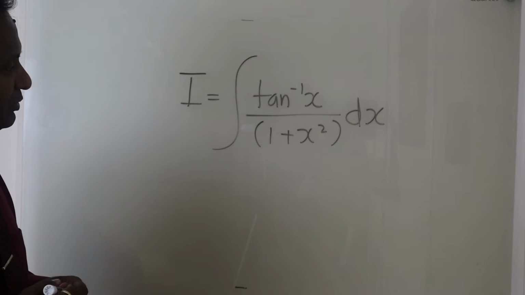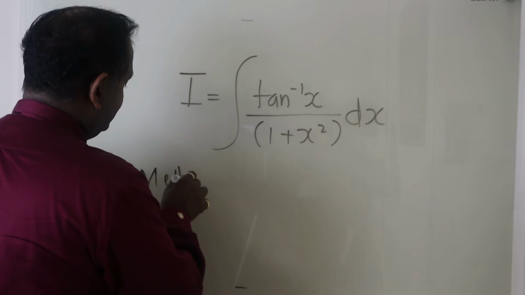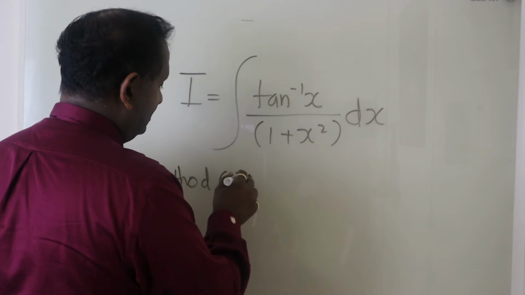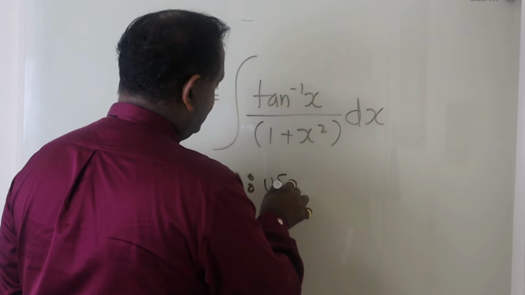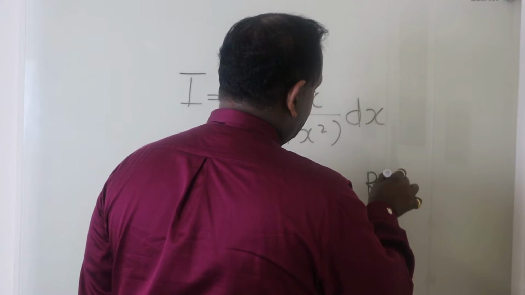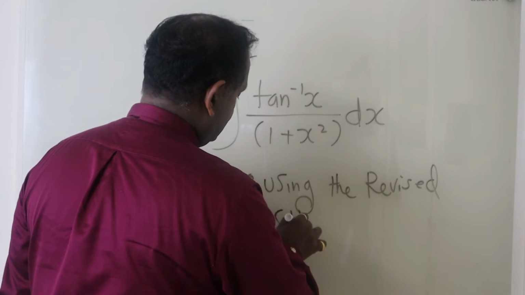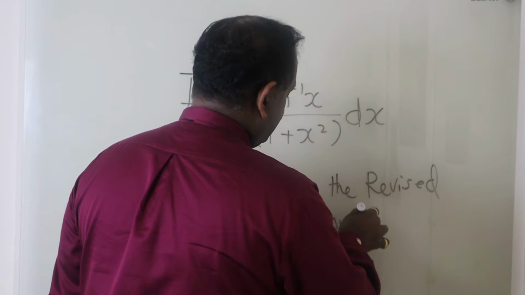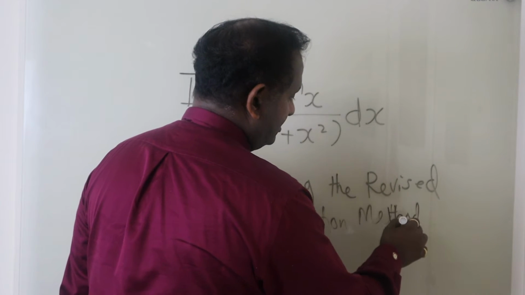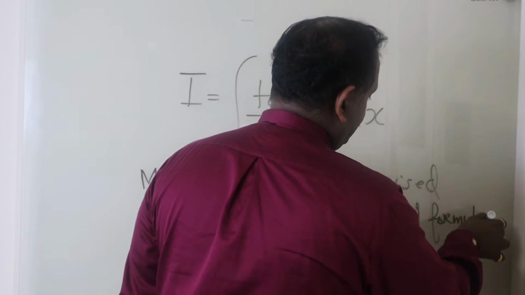So what I'm going to do, I'm going to use the first method, method 1. This method 1 deals with using the revised substitution method formula.